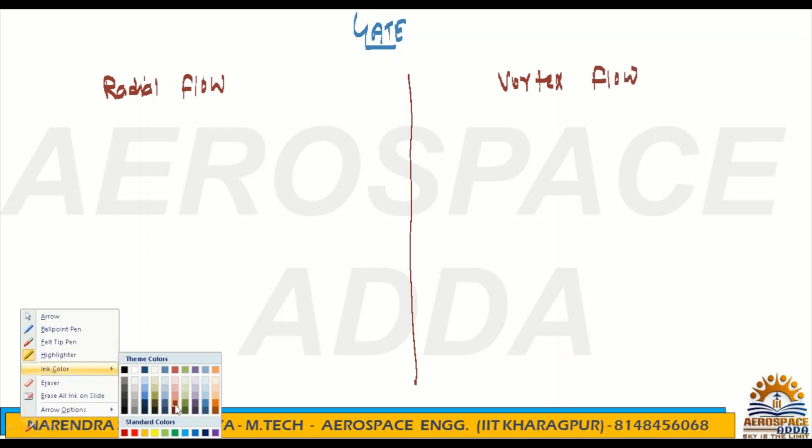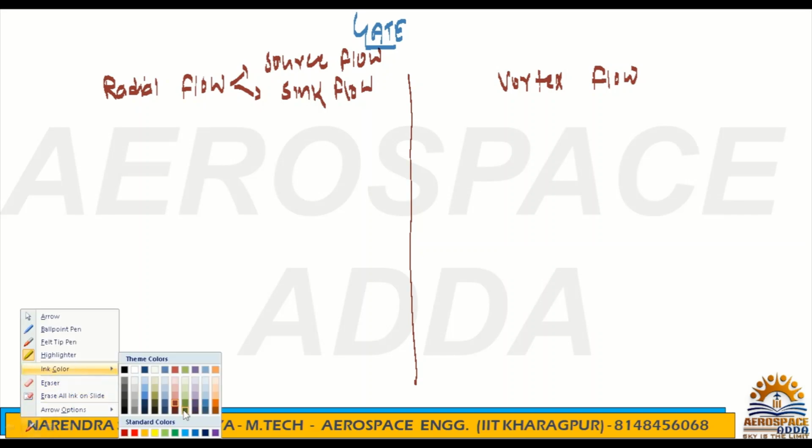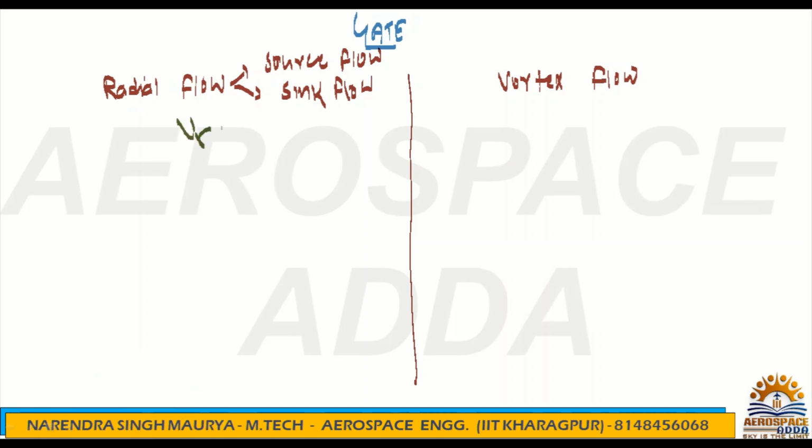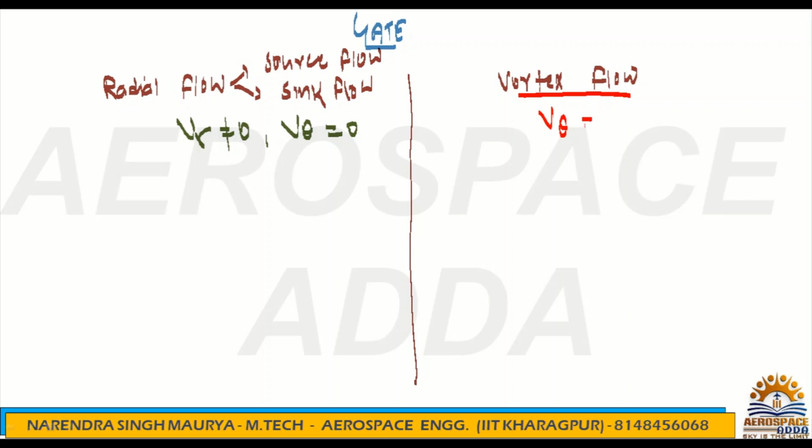If I say radial flow, automatically source flow as well as sink flow should come to your mind. For radial flow only the radial velocity Vr will exist and the tangential velocity will be 0. But if it is vortex flow, then only tangential velocity will exist but radial velocity will be 0, right?